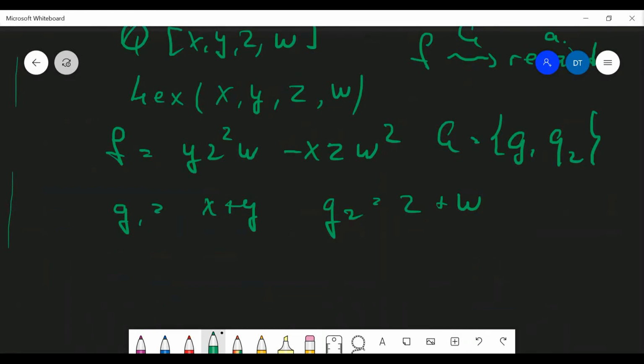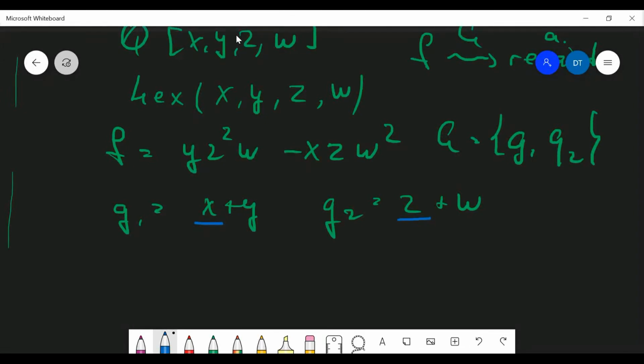Then we should find the leading terms in each polynomial G1 and G2. So here is the leading term in G1, and here is the leading term in G2. It's very important when you do this by hand to just underline the leading terms. It will help you avoid mistakes.